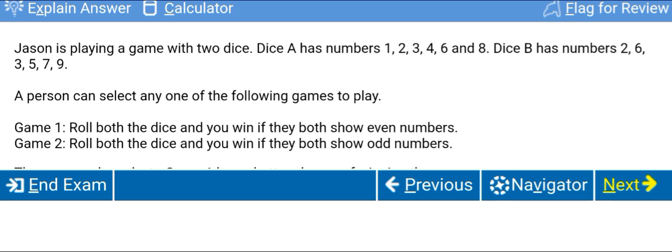A person can select any one of the following games to play. Game 1: roll both the dice and you win if they both show even numbers. Game 2: roll both the dice and you win if they both show odd numbers.